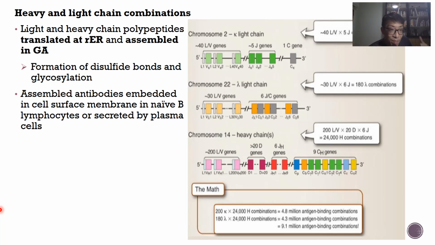Then the fully assembled antibodies would be transported to the cell surface membrane to be embedded as membrane-bound antibodies serving as B cell receptors if it is a naive B cell, or the antibodies will be secreted if it is already a differentiated plasma cell after the immune activation of the naive B cells.